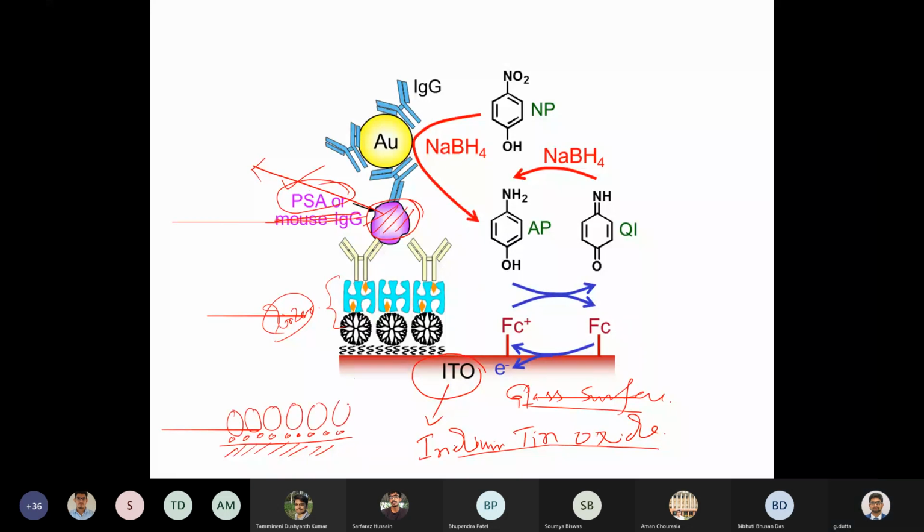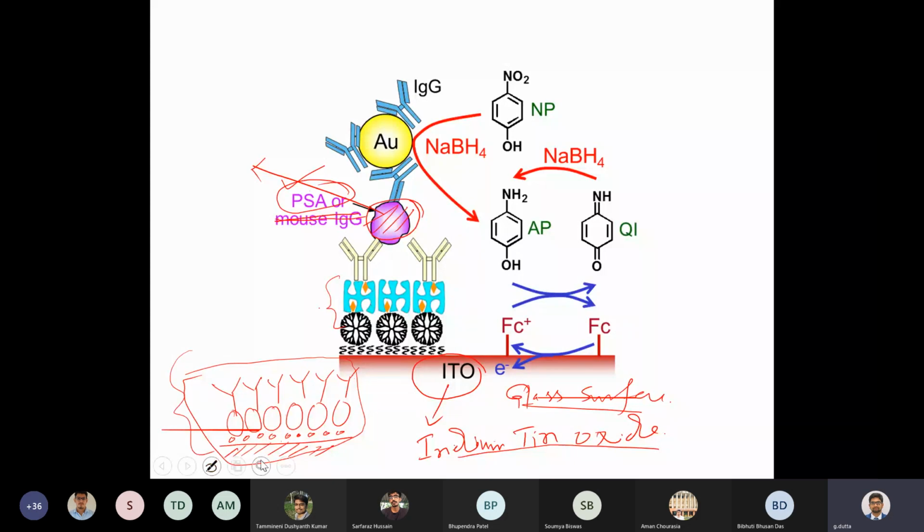On that linker, we can add some antibody. So antibody can be linked on the sensor surface with the help of linker. So the sensor is ready for the biomarker detection, for your target detection.